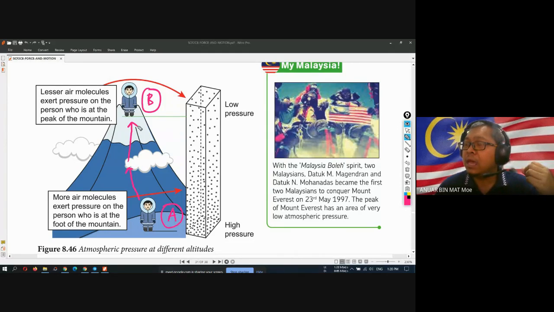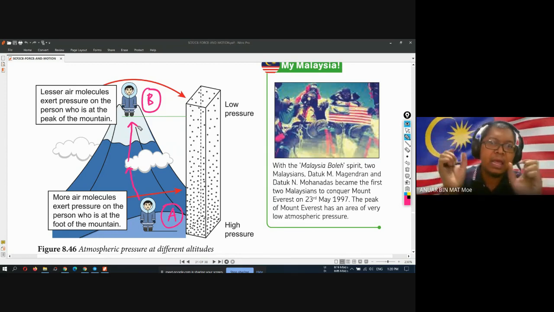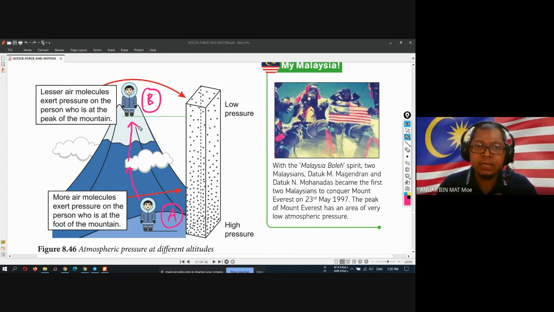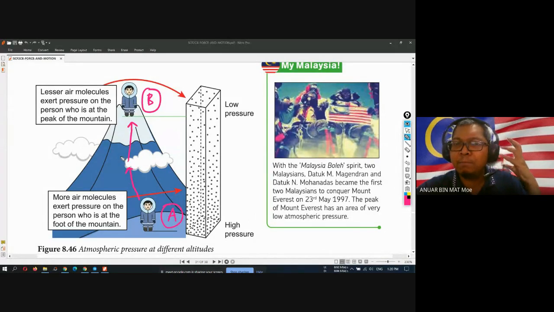And then maybe you will feel some pain, because our body, inside and outside of the ear, they try to adjust the air pressure inside the body and outside the body. That's why when you go higher, you feel some pain or discomfort inside the ear, because the ear tries to adjust the higher pressure inside and the lower pressure outside.